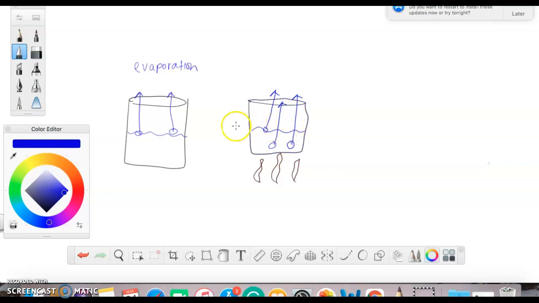So when we get enough vapor pressure here that equals the outside or atmospheric pressure, that is the boiling point. So atmospheric pressure equals vapor pressure, and this leads to boiling.